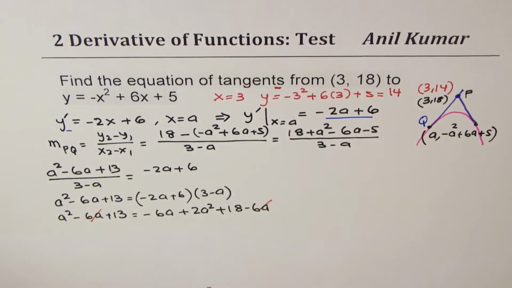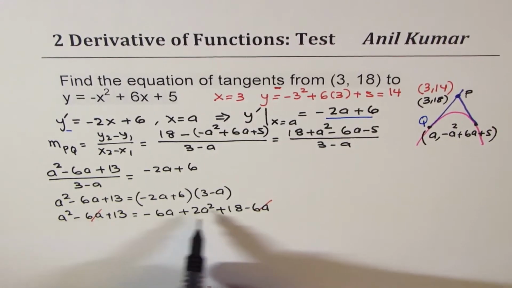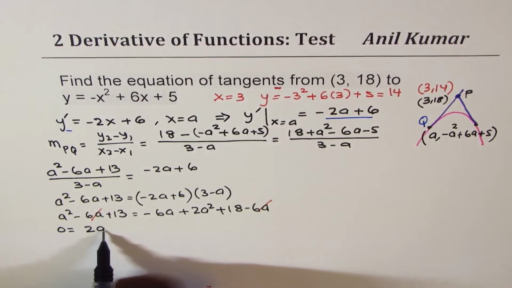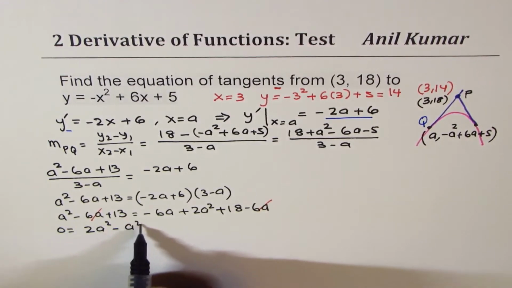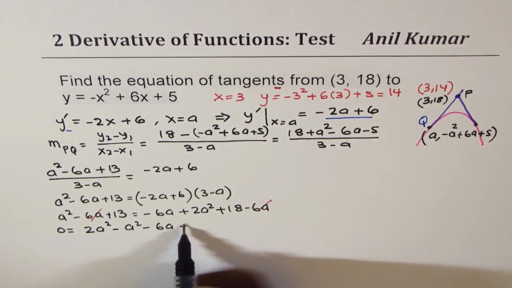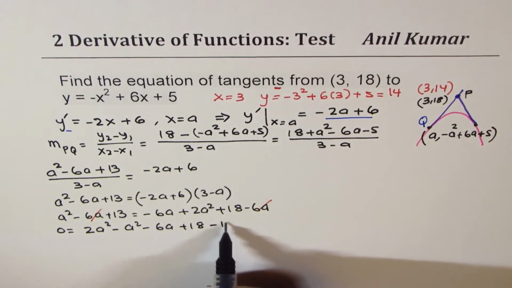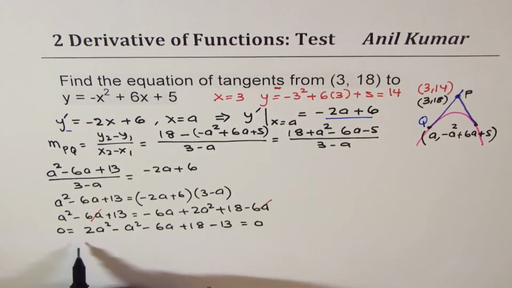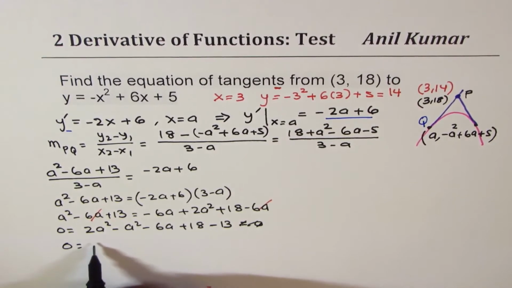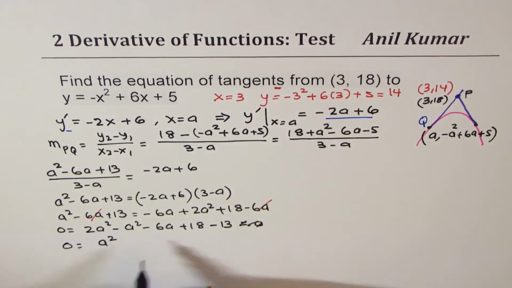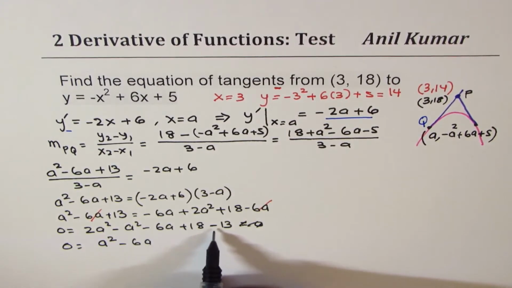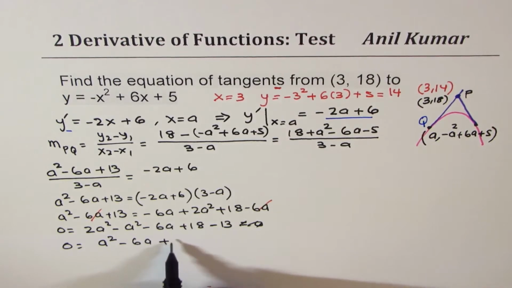Okay. Now, bringing the terms together, we get 0 equals, so we have 2a square minus a square. Then we have minus 6a plus 18 minus 13. I've already written 0 on this side. So 0 equals 2a square minus a square, which is a square. Here we have minus 6a, and then 18 minus 13 is 5, so plus 5.